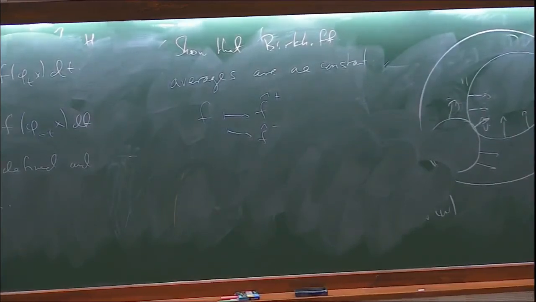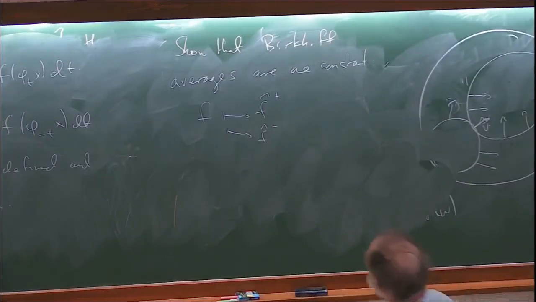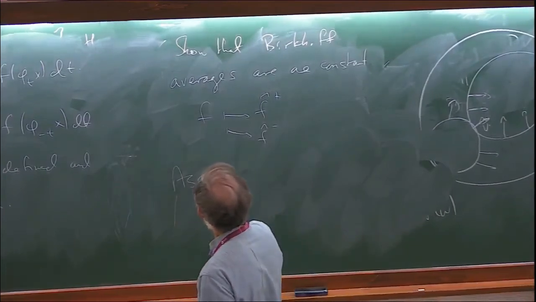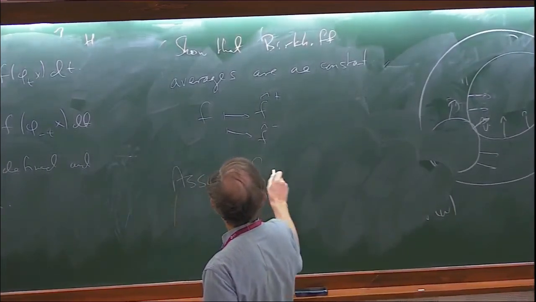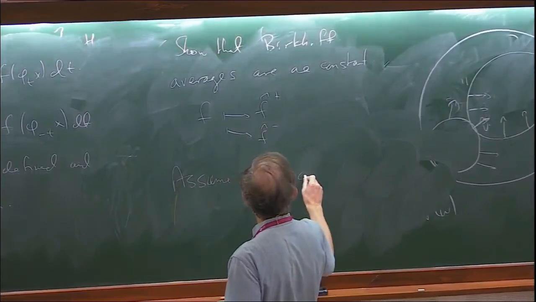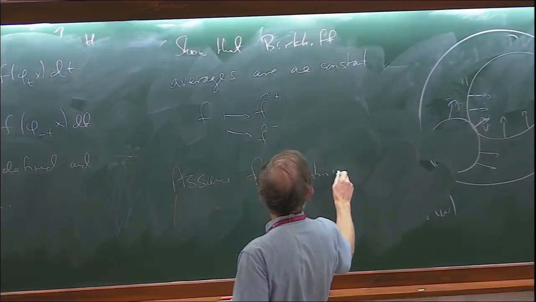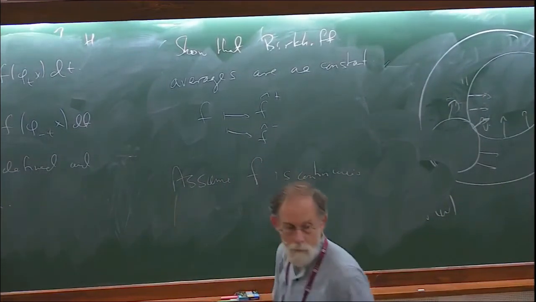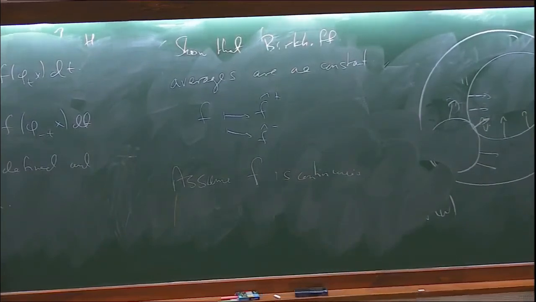So if I want to show that the maps go into the space of almost everywhere constant things, it's enough to do it for a dense set of f's. So I assume that f is continuous, and show that the Birkhoff average of a continuous function is almost everywhere constant.